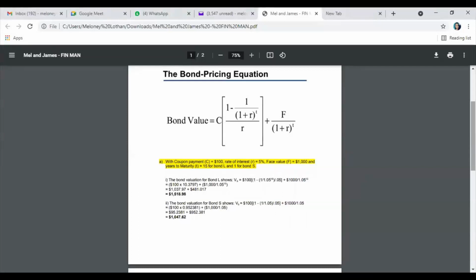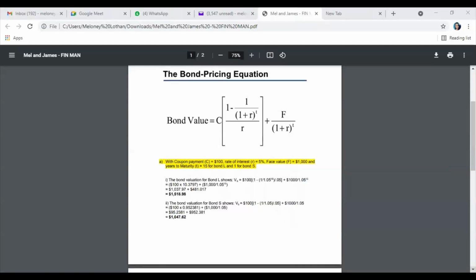In this question, we'll be identifying the coupon payment as C, $100, the interest rate as 5%, the face value 1,000, and as it relates to the year of maturity, we'll be having 15 years for the L bond, the L series, and 1 year for the S series. So let's start.